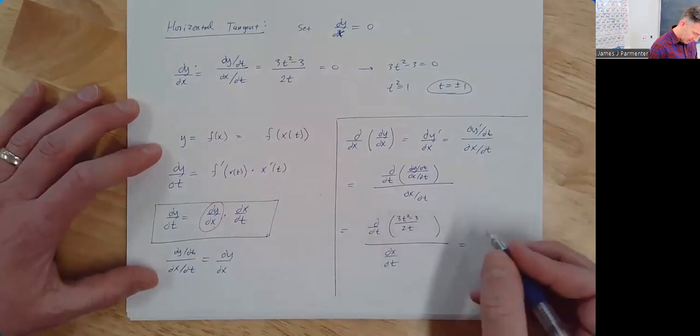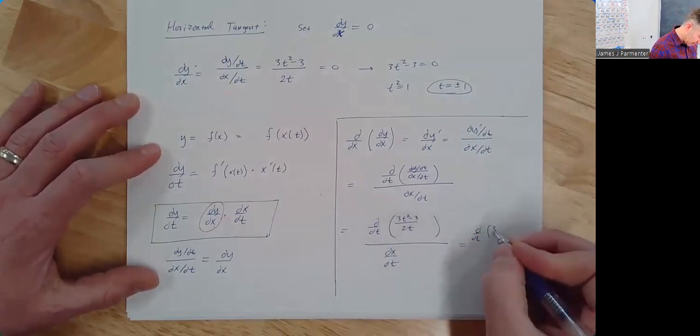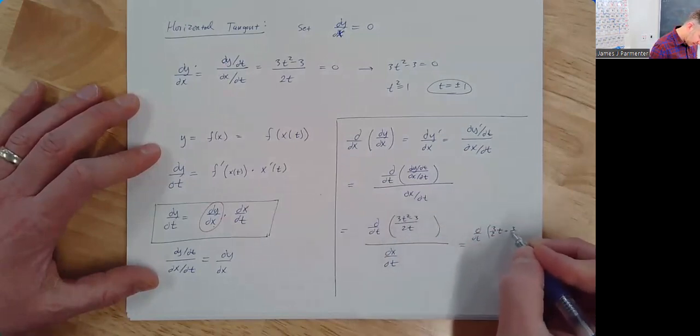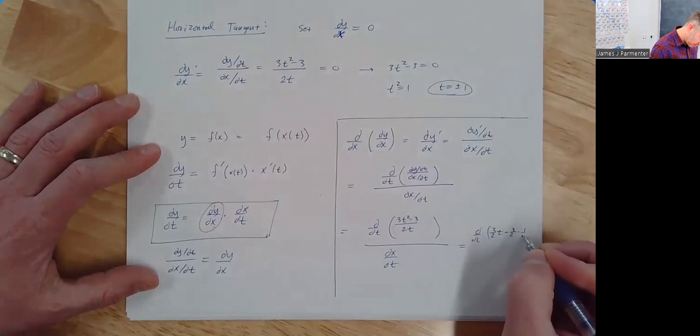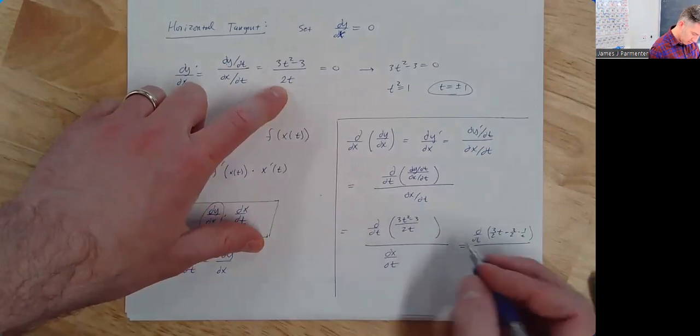So I would rewrite this as the derivative of 3t squared over 2t is 3 halves t, minus 3 over 2t is minus 3 halves times 1 over t. And dx dt is just 2t. I've already done it.